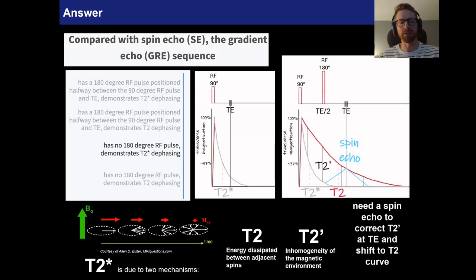A spin echo sequence is going to correct T2 prime at TE, which is when we're measuring the signal. So if you're going to describe the graph, at TE it would be really following the T2 curve. But you need a spin echo to have T2 dephasing. So that's why those answers are incorrect.